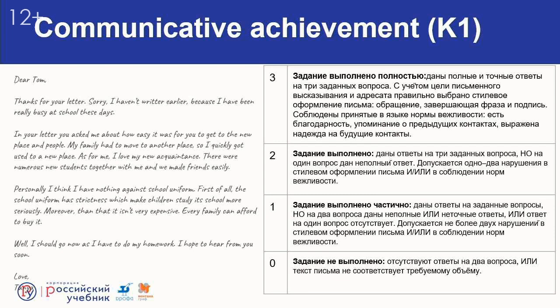We have the assessment criteria over here and our learner's letter over here. And if you want to take more time again to make sure that you understand how successful this performance is in terms of its communicative achievement, you can do that, but I think that we can do it together right away.